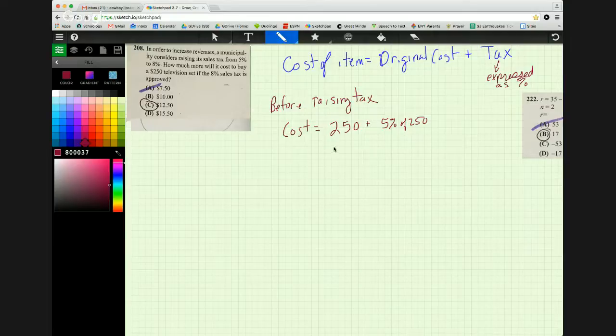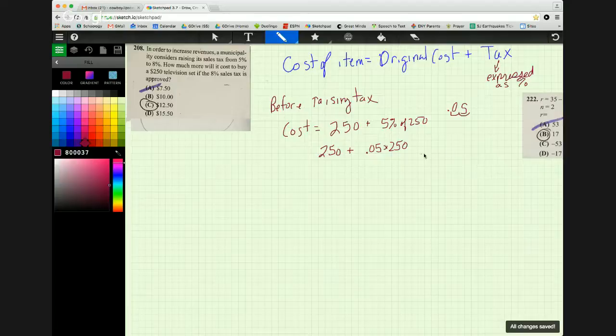Well, the cost would be $250 plus 5%, which is 0.05, and you can go back to the earlier explanation of why, but 5% is also 0.05, 10% is 0.1, 25% is 0.25. We'll just do 5%. To go from percent to a number, we have to move the decimal twice. So we had 5, and we have to go once, and we have this 0 here, and we're going to move past the 0, and so we get 0.05. Of is multiplication, and then 250 is 250.